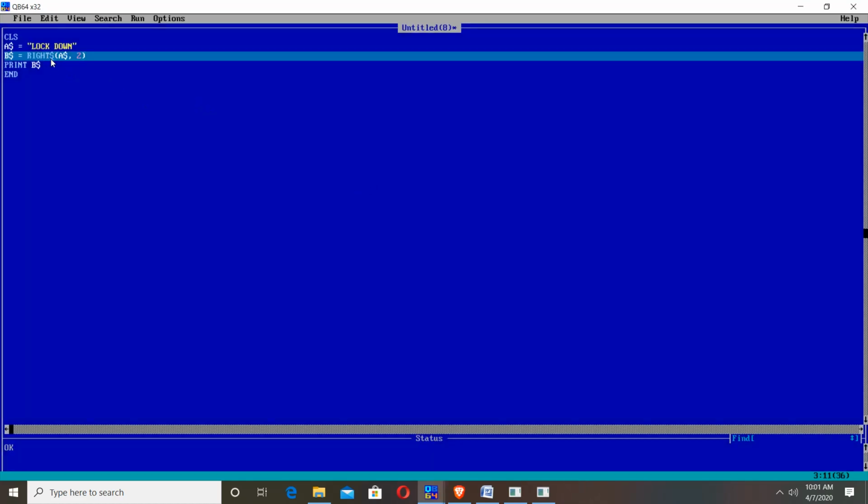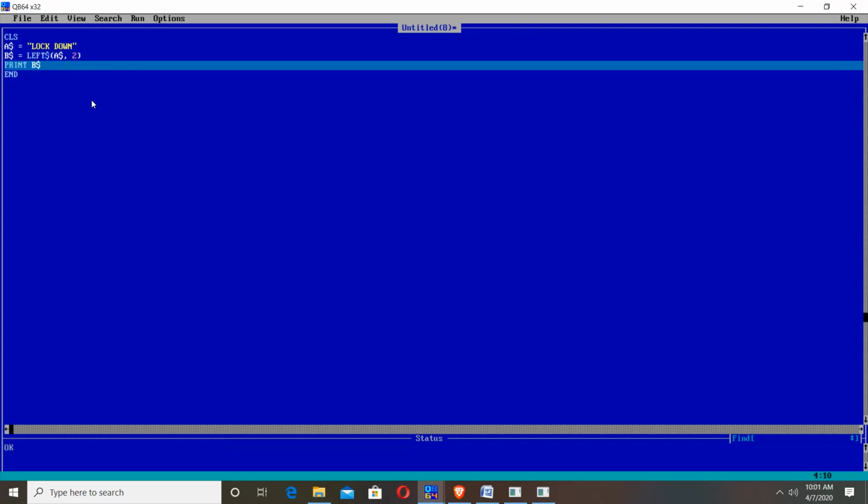Now suppose in place of RIGHT$, if you use LEFT$, now what will be there? LEFT$ is the same as RIGHT$, but it takes the characters from the left hand side of the given string. So LEFT$(A$, 2) means from the left hand side 2 characters. The characters are L and O, and whenever they are combined, the answer is LO.